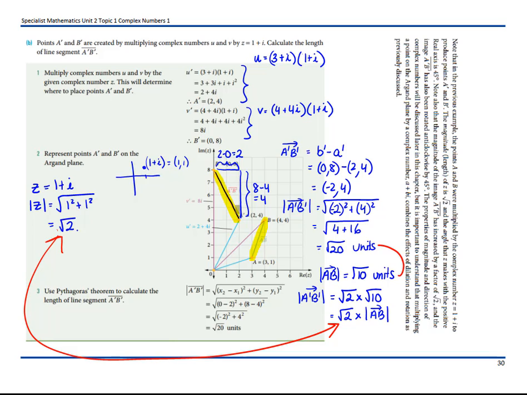Okay, so that's just a little investigation to see the effects of dilation and rotation. So when multiplying by a complex number a plus bi, you're multiplying by the modulus and you're also rotating.